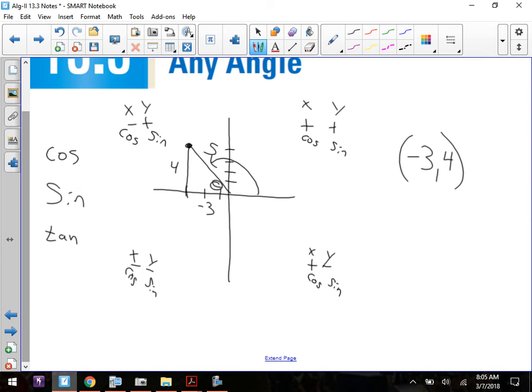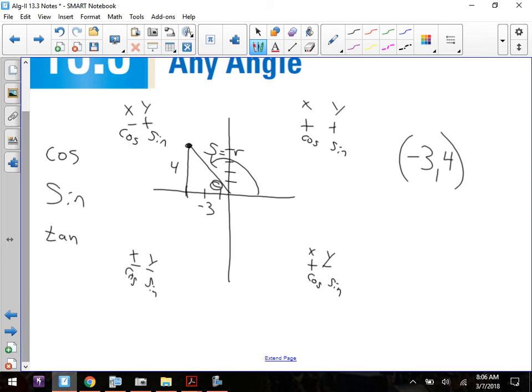Everybody okay with that? In this case, it's -3/5. Now, I'm going to call this 5 the radius, because a lot of times in the textbook, since we're placing this into ordered pairs, it's created out of a circle, because we're going around something. We're going to call that 5 the radius.